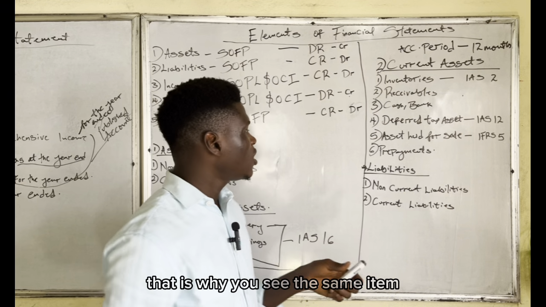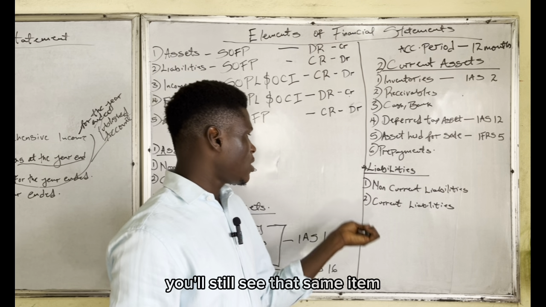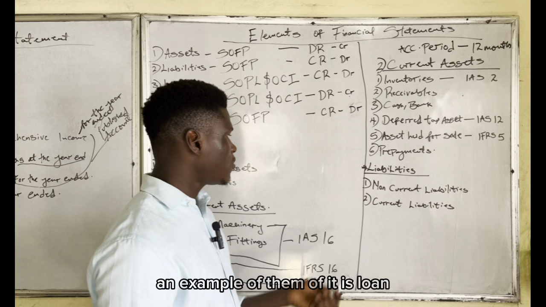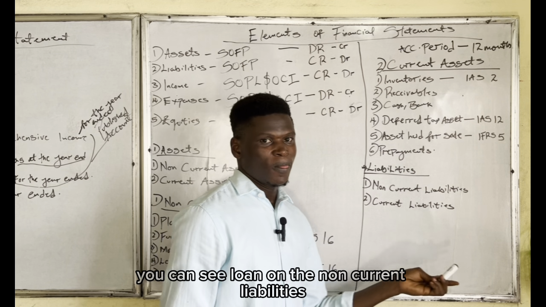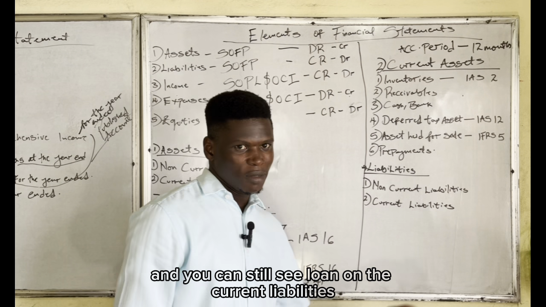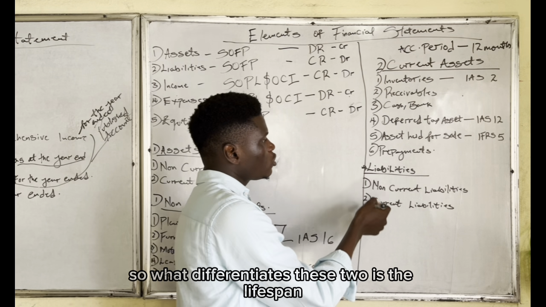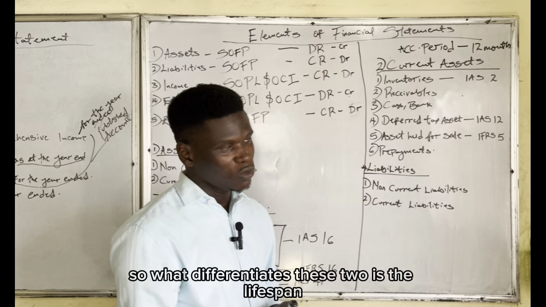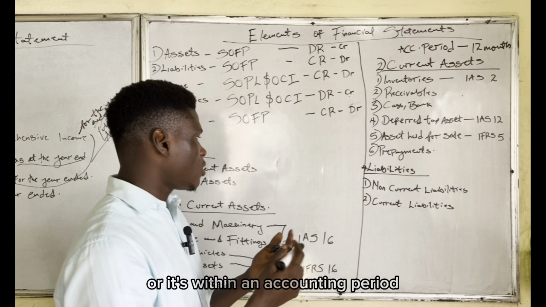That is why you will see the same item under non-current liability. You'll still see that same item under current liability. An example of it is loan. You can see loan under non-current liability, and you can still see loan under current liability. Depends on their lifespan. So what differentiates these two is the lifespan, which is either it's more than an accounting period or it's within an accounting period.